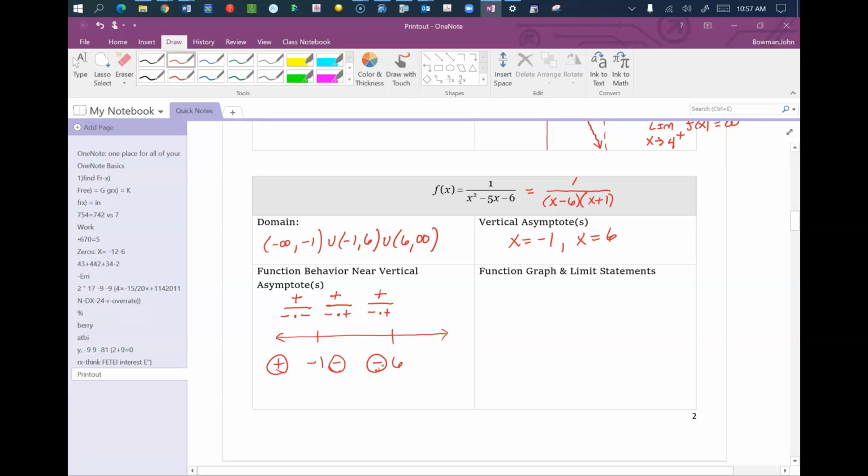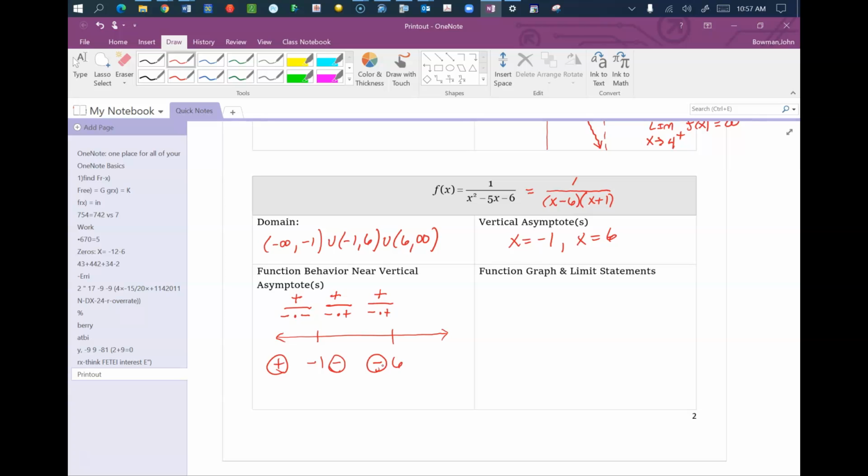Now, in this case, if you were experienced with these rational functions, you could see that between -1 and +6, the function is never going to be equal to 0. So if we had noticed that ahead of time, we could have saved ourselves a little bit of work and only picked a number between -1 and +6 to do our sign chart.